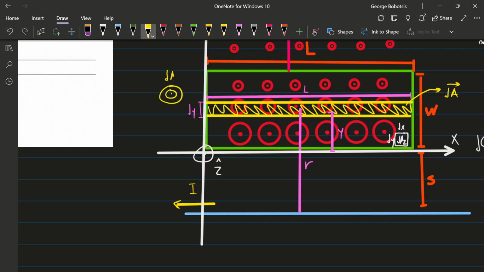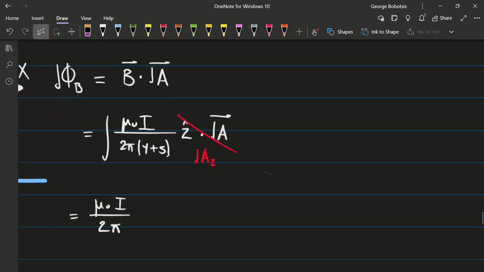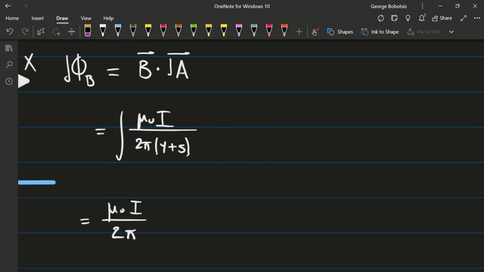So the dA right now will literally be in this direction and parallel to the magnetic field. What does that mean? If things are parallel, then I don't have to take any dot products. I literally just take the size of B and the size of the dA.